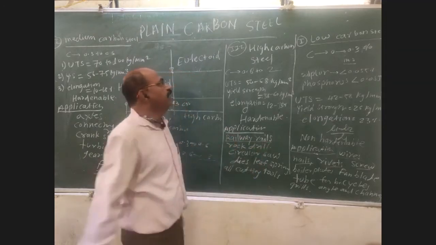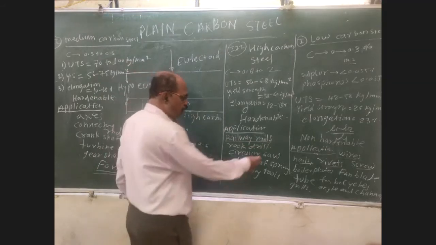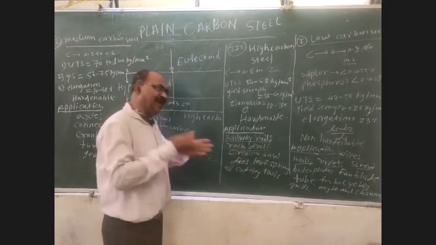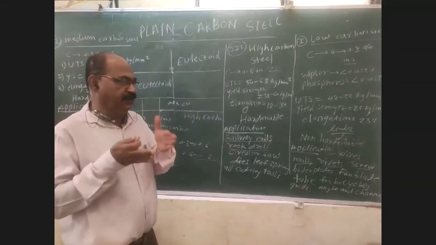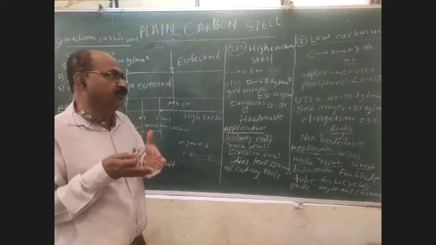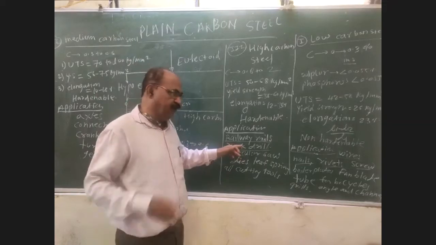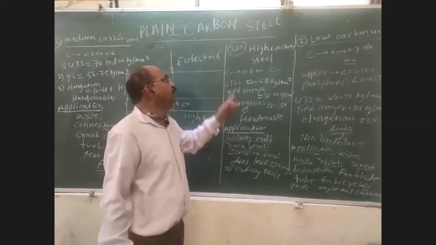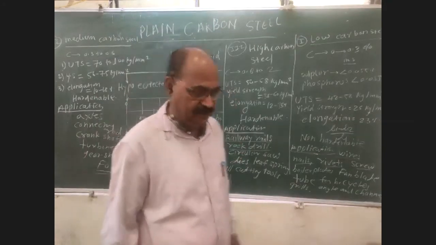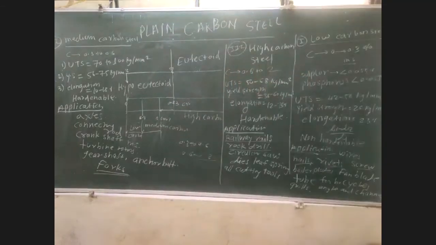It is made from high carbon steel. Rock drill, to crack the rock, a drill is required. Compressed air we have to supply, and to crack that rock, whatever drill is required is made from high carbon steel. Okay, so this is about plain carbon steel.